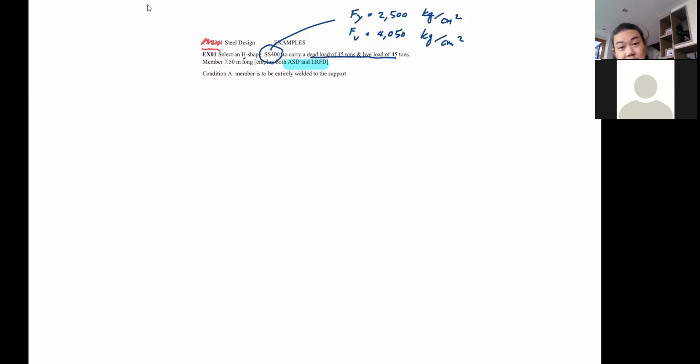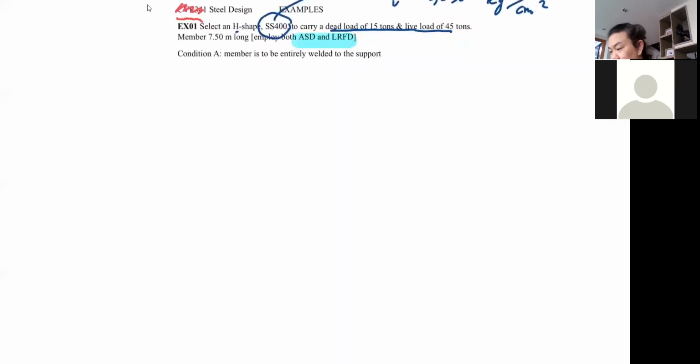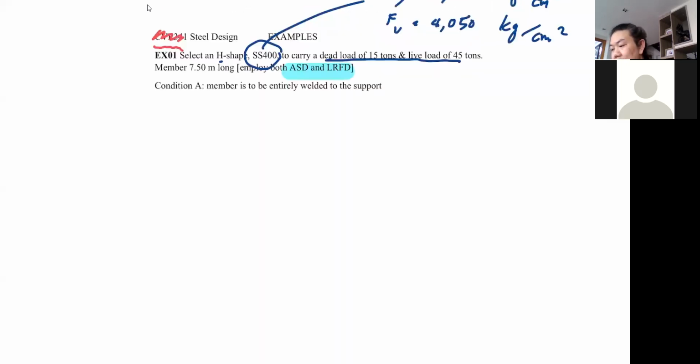Okay, so in the first condition, it says that the member is going to be entirely welded to the support. Now, when you see a condition like this, what information can you get from this condition that you have? It says here that the member is going to be entirely welded to the support.